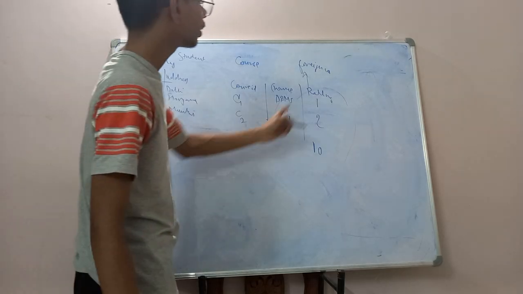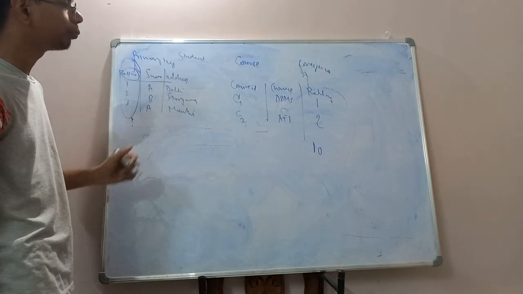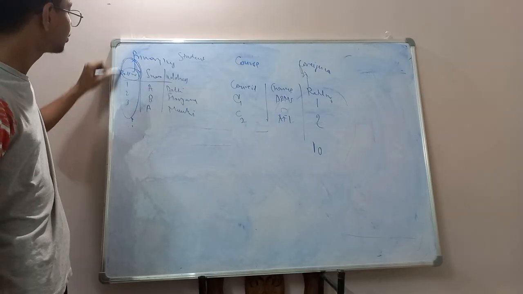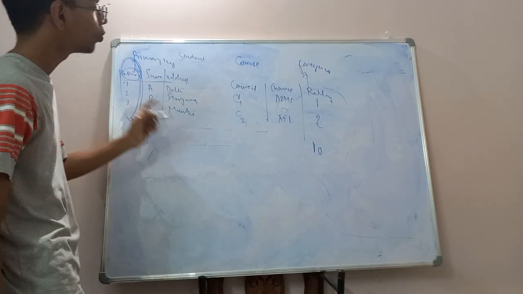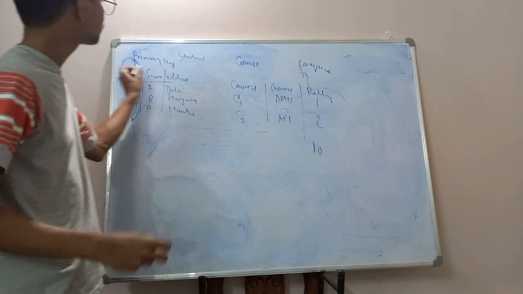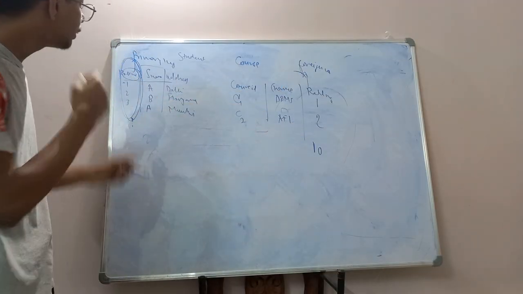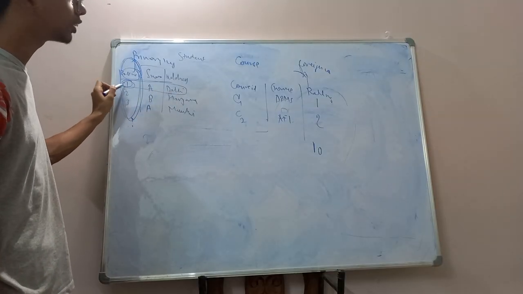I cannot write here roll number 3 because of these values, these roll numbers, when I refer here, only then I can write here, right? So this is the difference between primary key and foreign key. In a table, primary key will have only one value. This is 1, 2, 3.